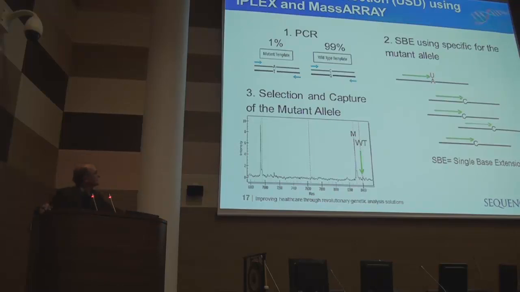If you look on the right-hand side, I'm trying to see a rare mutant sequence in the presence of a huge excess of normal sequence. And what we've now developed the ability to do, I won't show you the details, is physically pull that abnormal molecule out of the sample. So we purify it. And if we purify it, of course, our ability to detect it becomes even more sensitive.